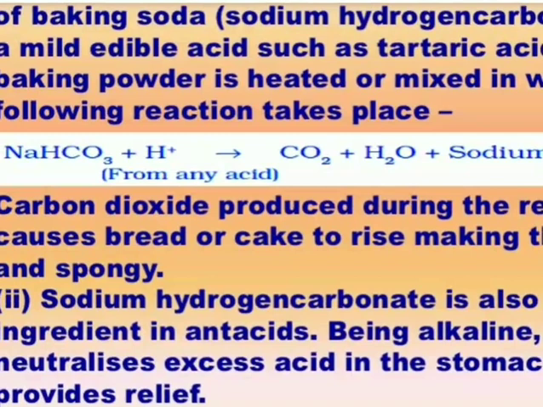NaHCO3 plus H+. What is H+ here? This H+ ion is from any acid. It can be tartaric acid or it can be any other acid also. In case of baking powder, we are taking tartaric acid. Okay, then what product are we going to get? Carbon dioxide, water plus any sodium salt of acid.